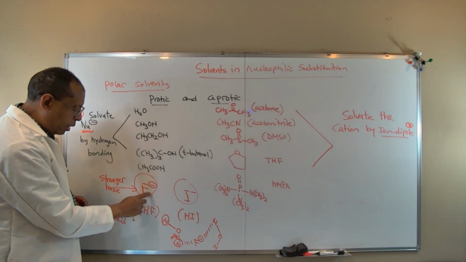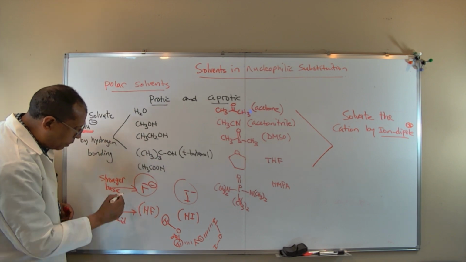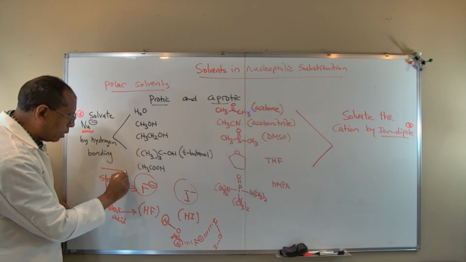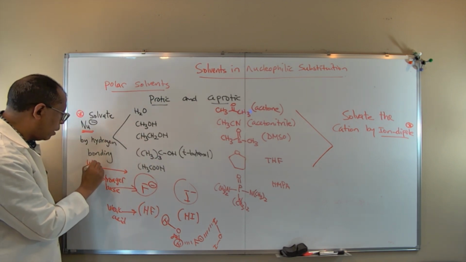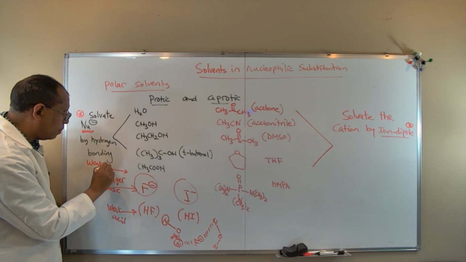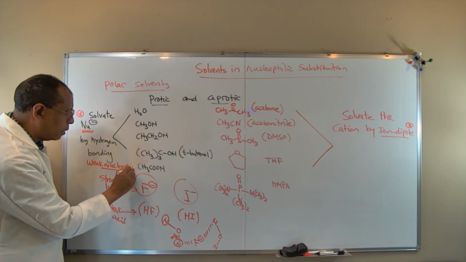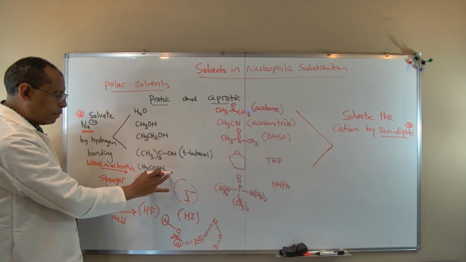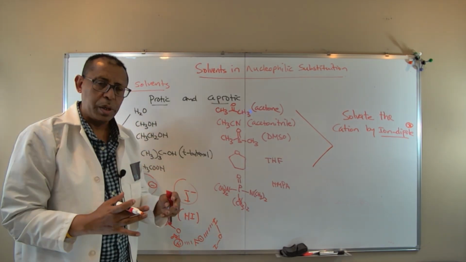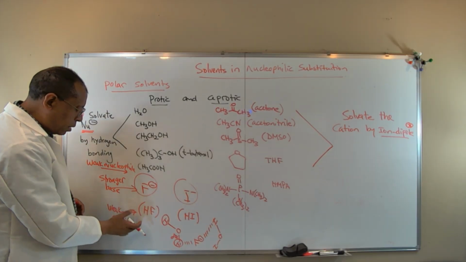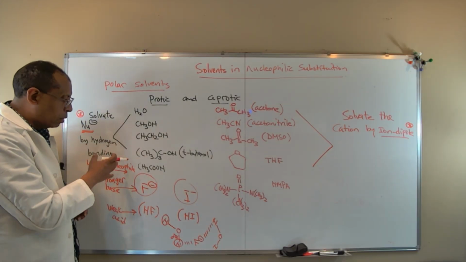So fluoride in this case is a weak nucleophile in a protic solvent. The nature of the solvent in which the reaction is carried out would affect the nucleophilicity of your nucleophile.